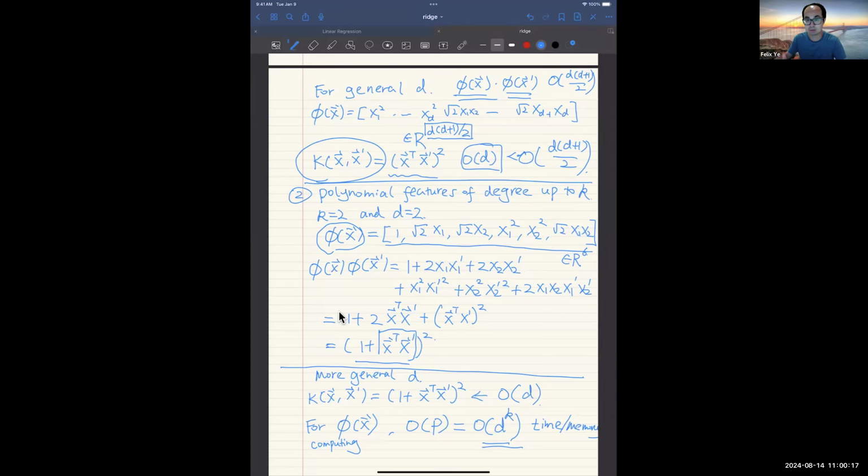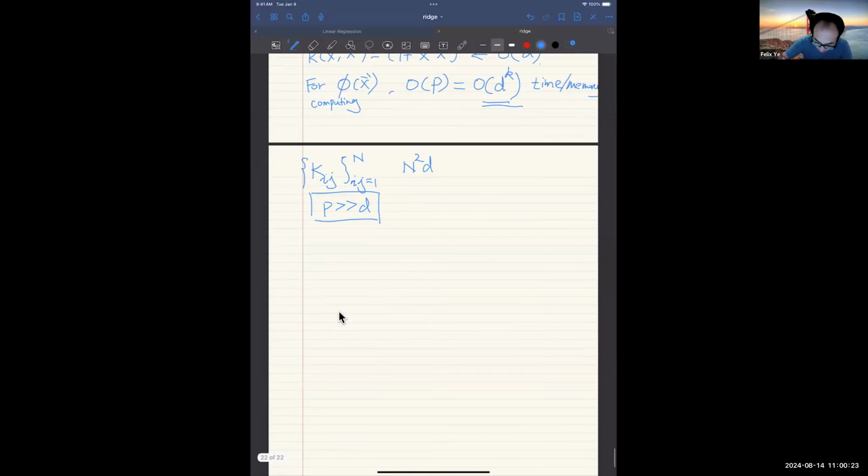But instead of solving ridge regression directly, we are going to use the idea of kernels. So, solve ridge regression with kernels.